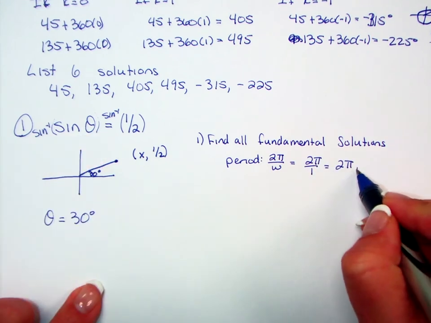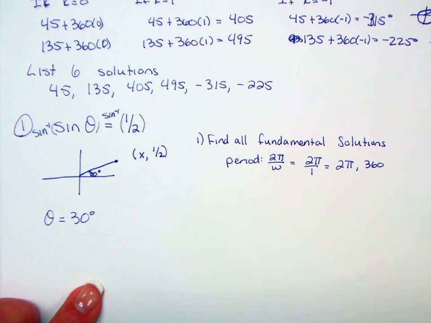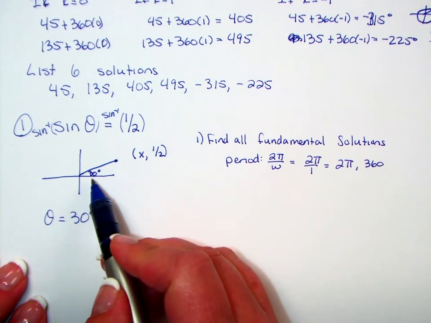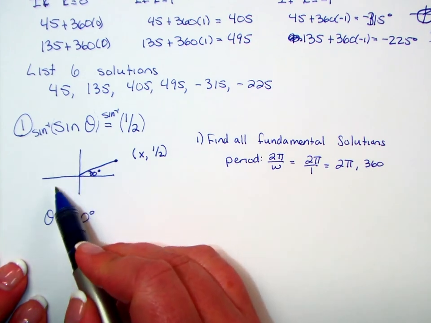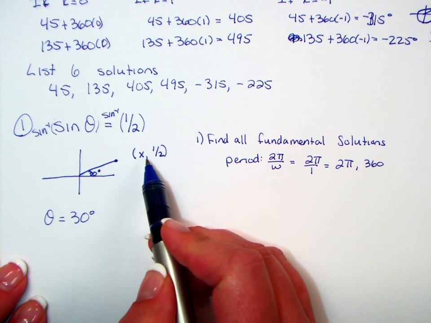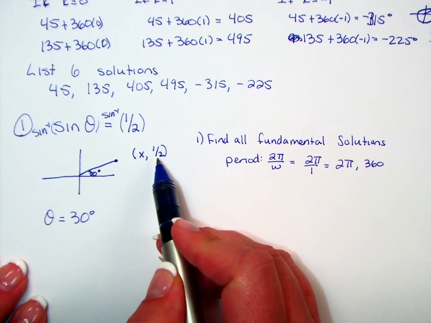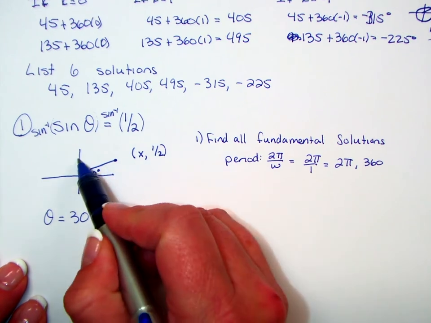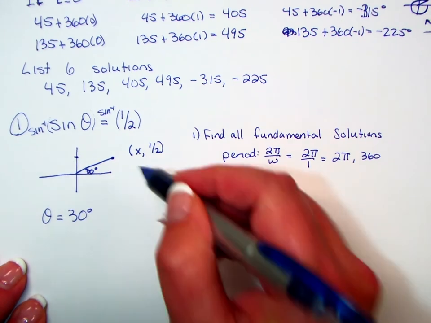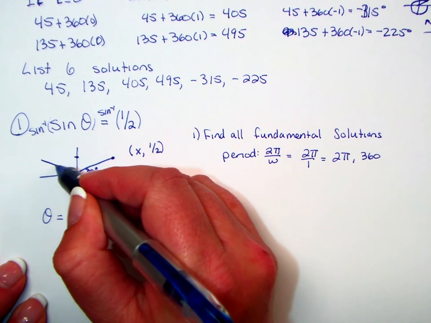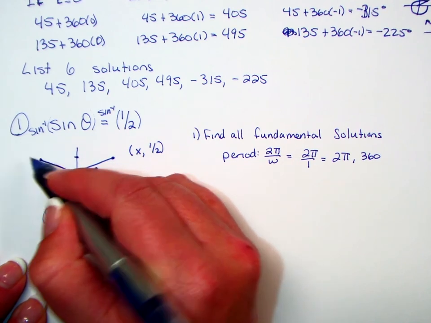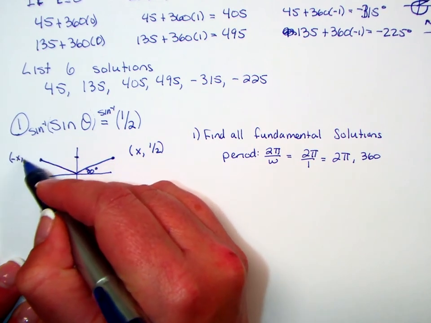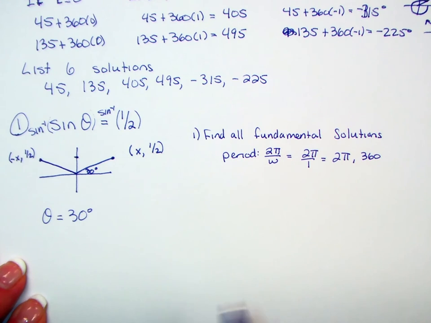Now I am going to convert this to 360 degrees, right? So from zero, rotating all the way to 360 degrees, I need to look for another value that has a y value of 1/2. Okay, so y of 1/2 is here. So y is also 1/2 on this other side, right? And this point is negative x, comma 1/2, right?